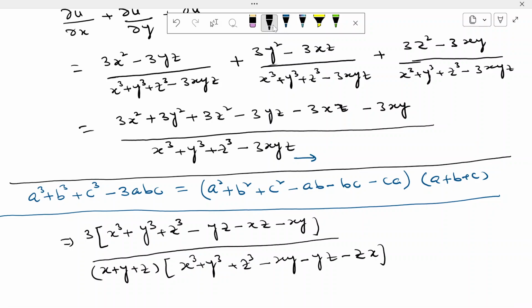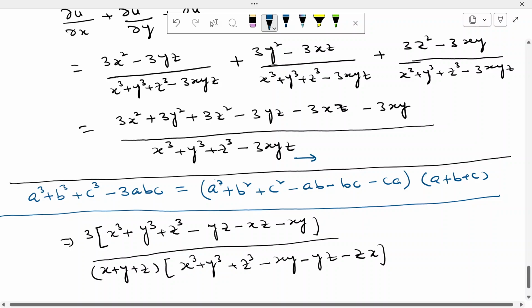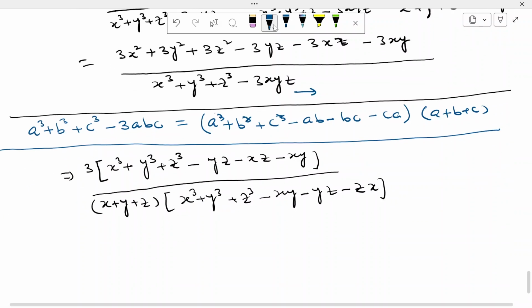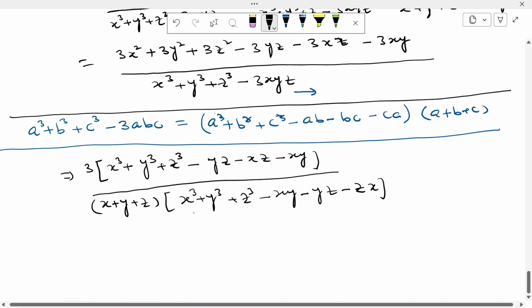One more correction here, this will be not square, these are cubes. Okay, so these are cubes. So these brackets will cancel out, and we are left with only 3 times x plus y plus z.